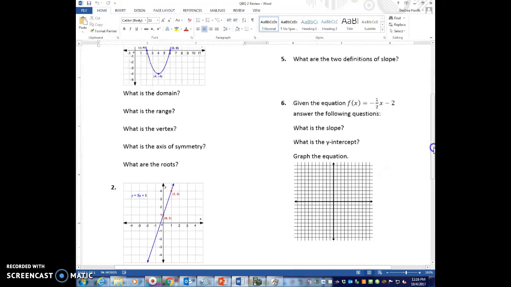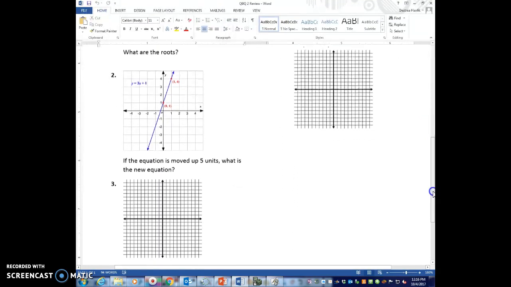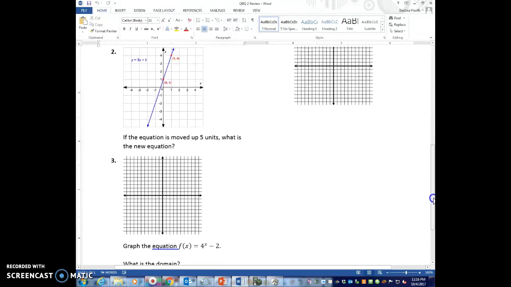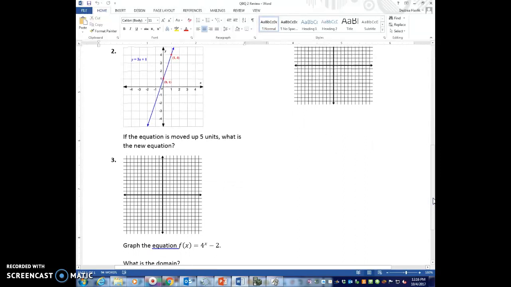Question number 2. Let's see if I can fit 2 and 3 on here. Oh no, just 2. Okay, so question number 2. It says, if the equation is moved up 5 units, what is the new equation? So we're looking at this graph here. If it moves up 5 units, our equation is listed here: y equals 3x plus 1.